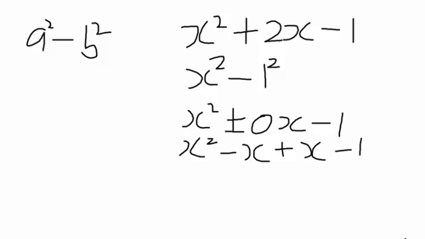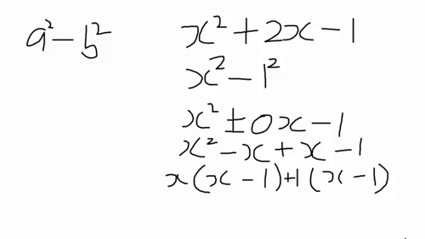So you can factorize x, and you are left with x minus 1, and here you factorize 1, and that's positive 1. So you have x minus 1 as well.